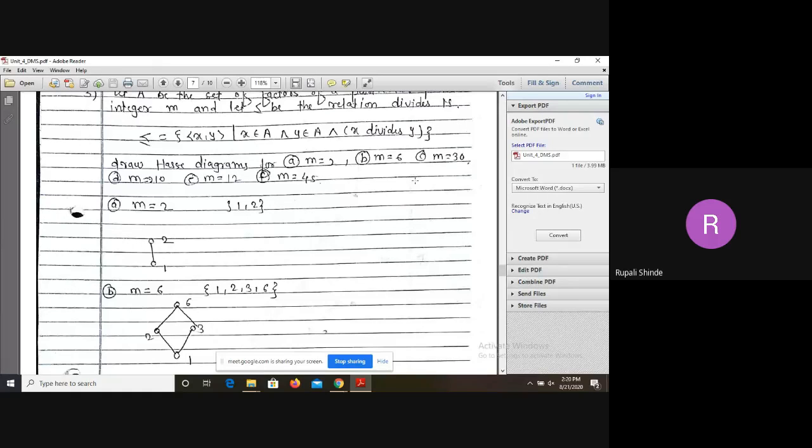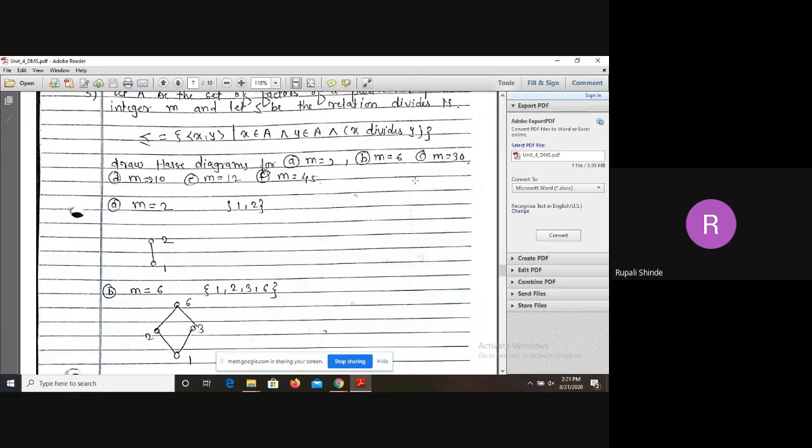So first of all, we have to find what the divisors of 30 are. What are the divisors of 30? 1, 2, 3, 5, 6, 10, next 12?